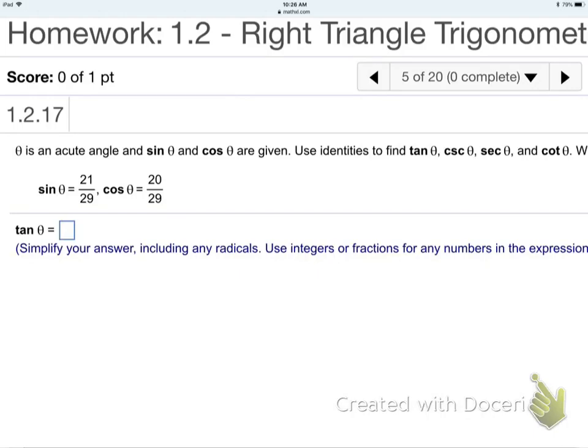Okay, so they're giving me sine and cosine, and they want tangent. So there's some special relationships here. Tangent, anybody know it already? What's the relationship between tangent and sine and cosine? Tangent is sine over cosine.